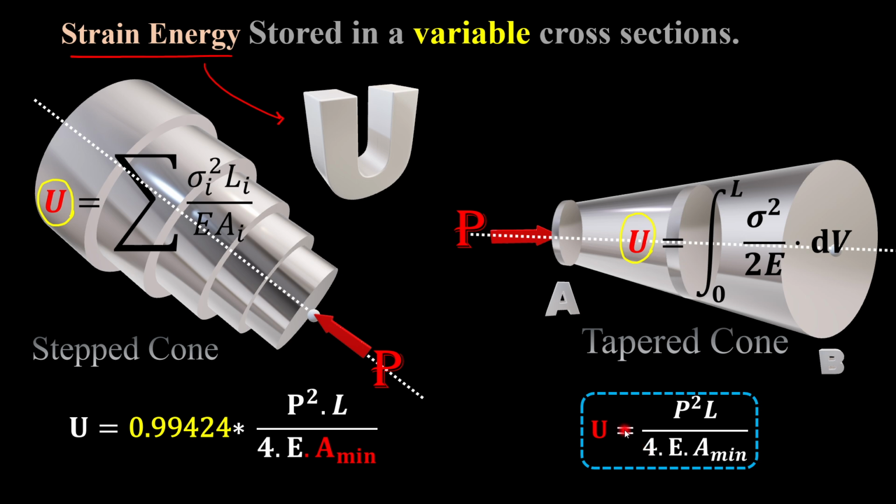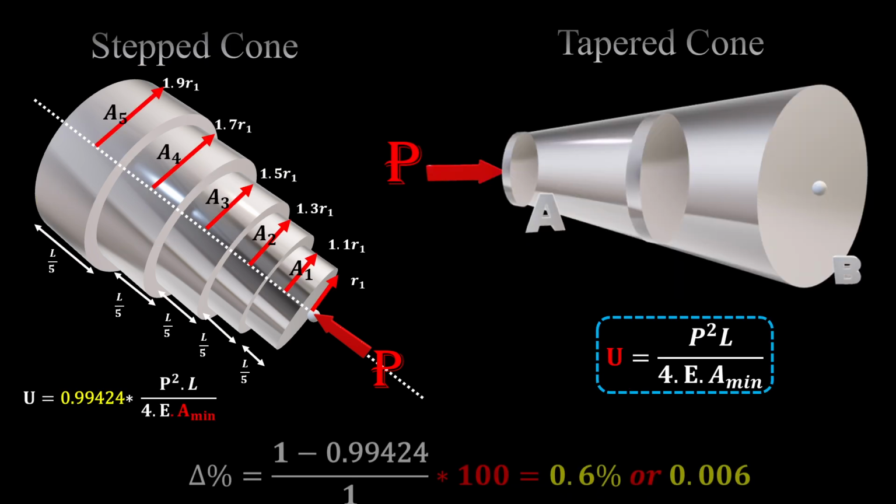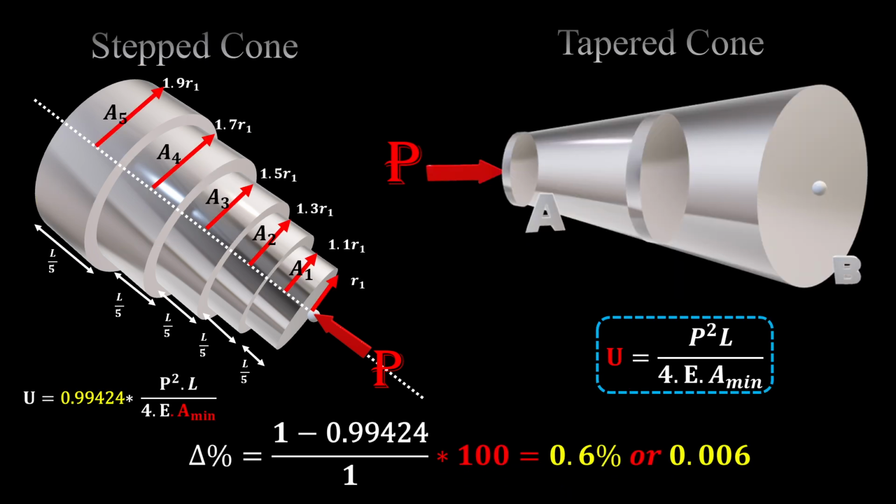This is a numeric value of 1, and this is 0.99. So the percentage of error is about 0.6%, or 0.006.